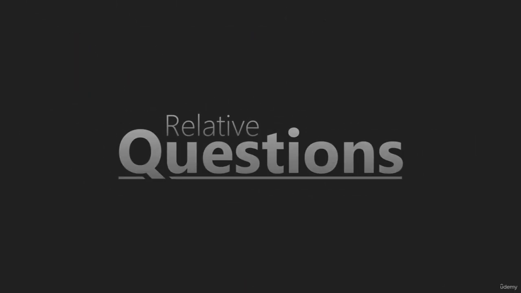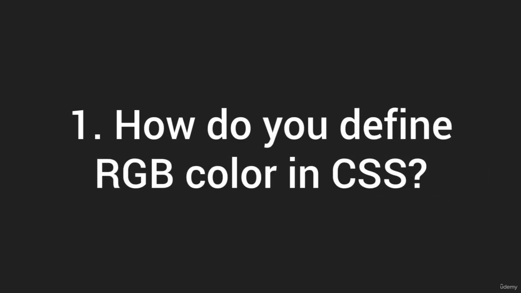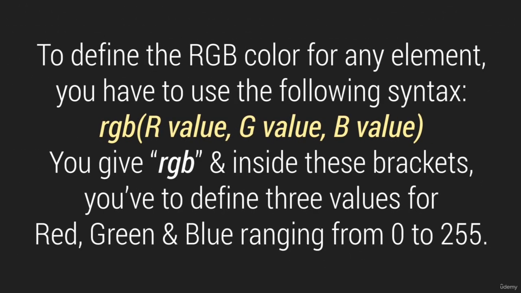Let's talk about some basic questions. The first is, how do you define RGB color in CSS? So to define the RGB color for any element, you have to use the following syntax. You give RGB and inside these brackets you give 3 values for red, green and blue, which is ranging from 0 to 255.